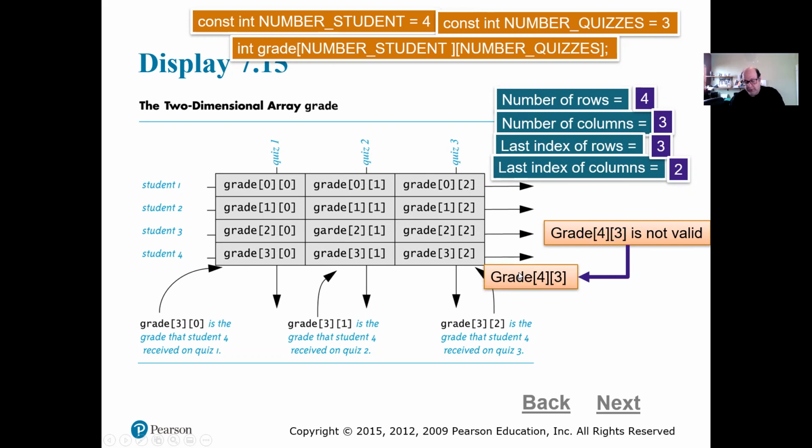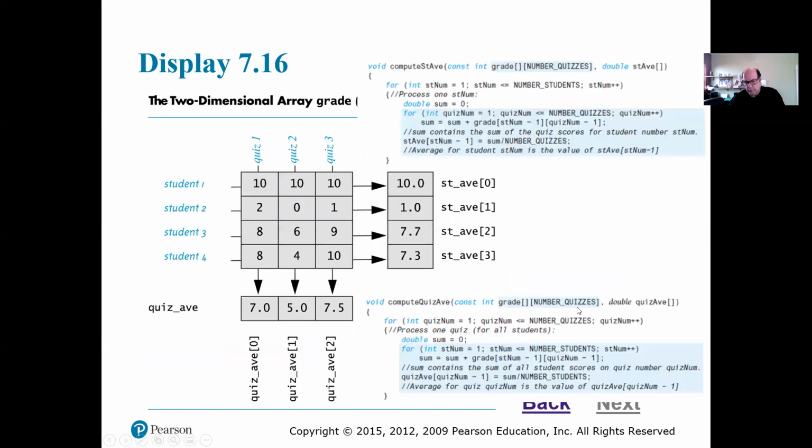And remember, C++ does not check for that. If I assign something here, it's going to go into memory and change some variables. I'd be lucky if it crashes. But most likely, let's say I have a count and my count all of a sudden becomes something else. So we've got to be careful that we don't go outside of our range.